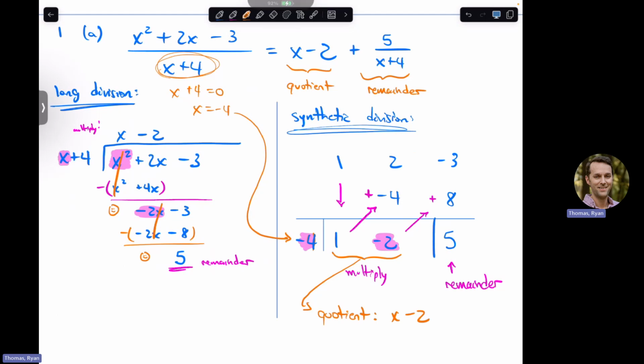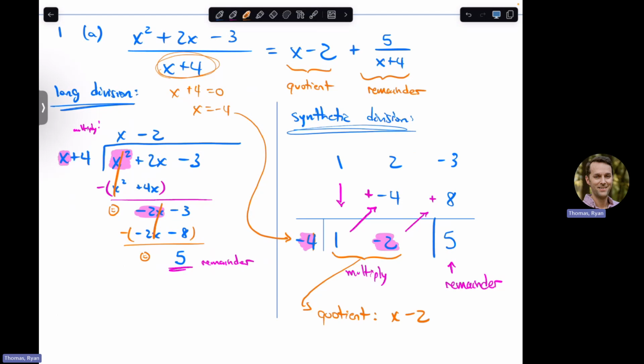Now, again, synthetic division only works for linear stuff. So it's not quite as general. It's not quite as applicable. That's a hard word. You can't use it for as much stuff. But it does work for linear things.